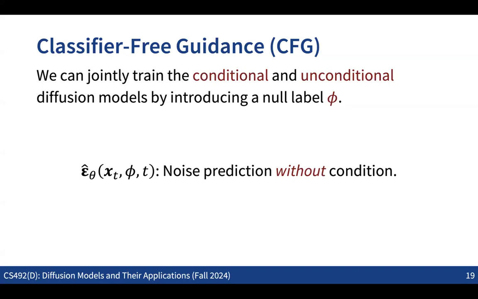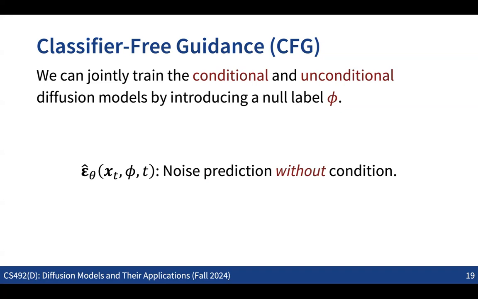The very simple, practical idea, and you can see these are just very practical things, is that we introduce a null label. It's a matter of what you choose as that null label. For example, if we have 10 image labels, then we can index them from 1, 2, 3, 4 to 10, and we can set 0 as the null label.